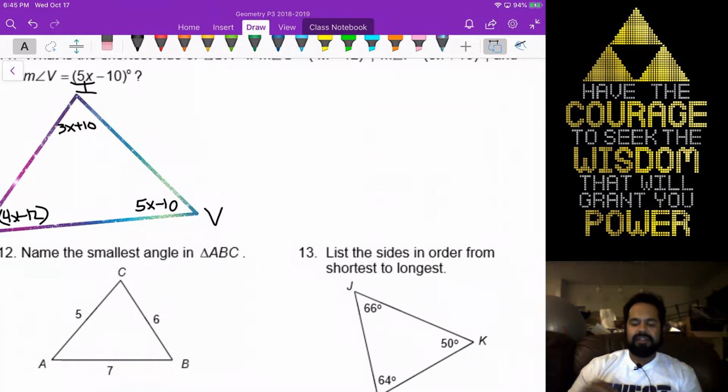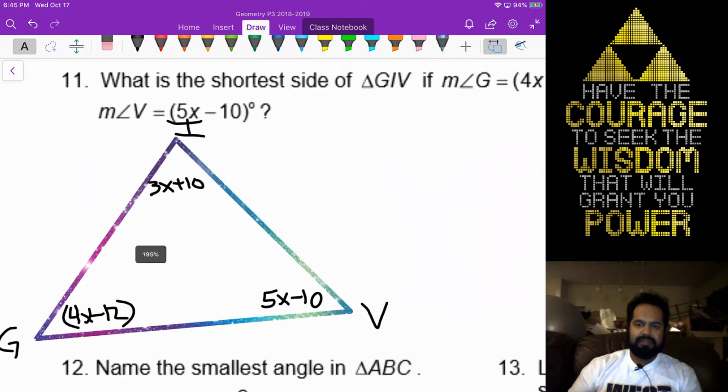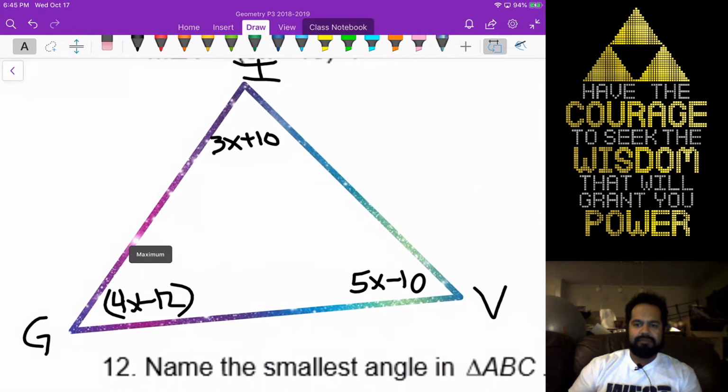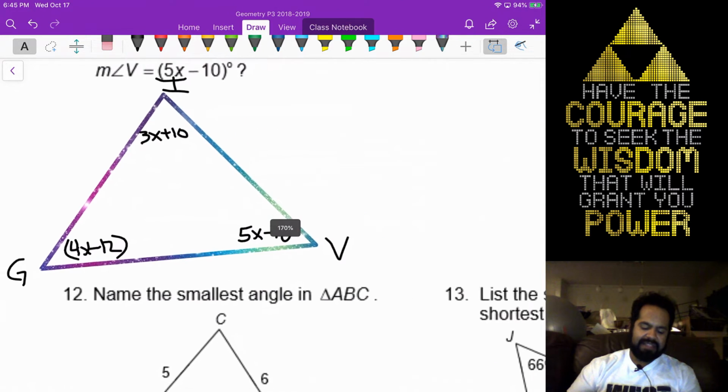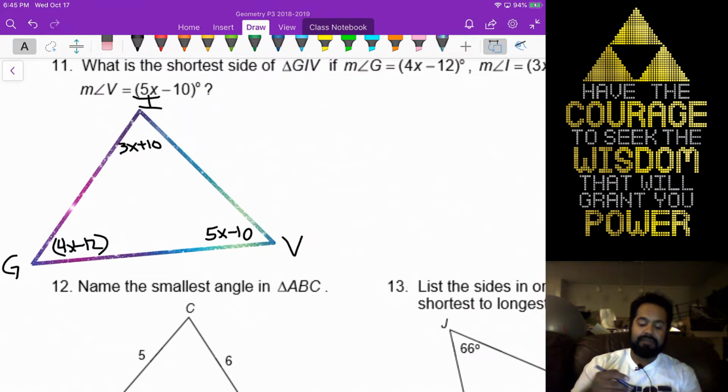Okay, so clearly we have a triangle. I have 3 different angles, so I need to add these up and set them equal to 180.